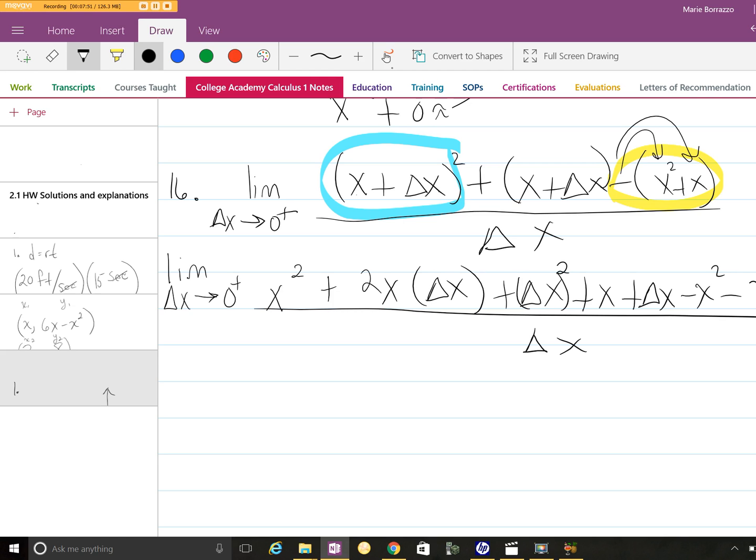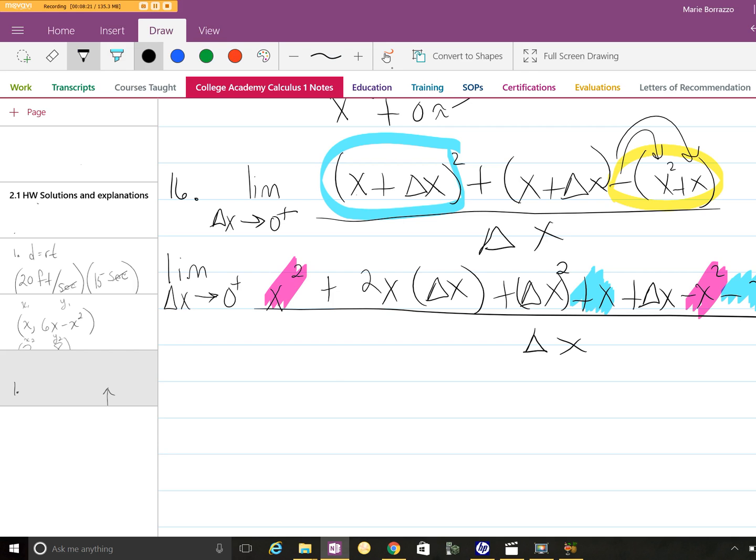So you're going to notice that, let's do these in pink. Pink is always a good color. X squared is positive and negative x squared, that goes away. What else cancels? Positive x cancels with negative x, that goes away. What am I left with? I'm left with 3 little terms.